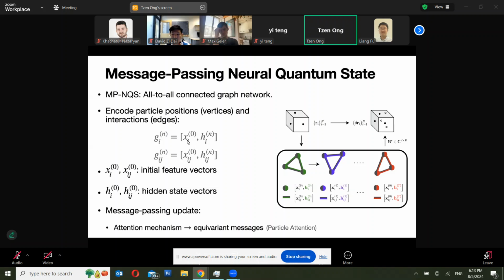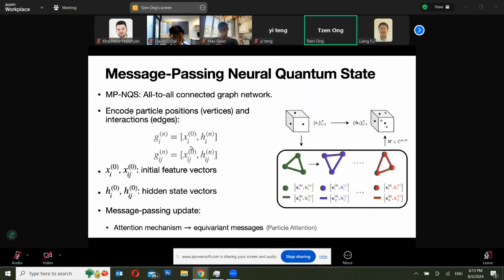In this MP-NQS construction, G_i and G_ij are concatenations, basically lumping together, of X_i naught and H_i. X_i naught are initial feature vectors that we keep throughout all the different layers. In machine learning terminology, this is known as a skip connection.